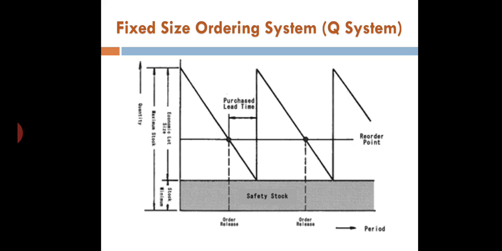You can always maintain a safety stock to foresee any surge in demand or any unforeseen situations like this. So this is a Q system.